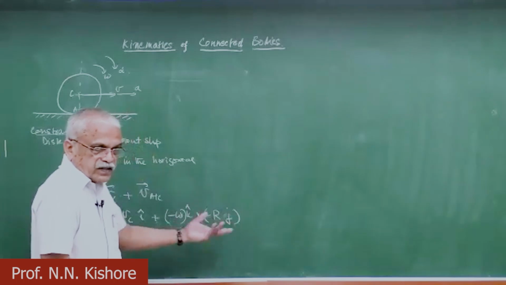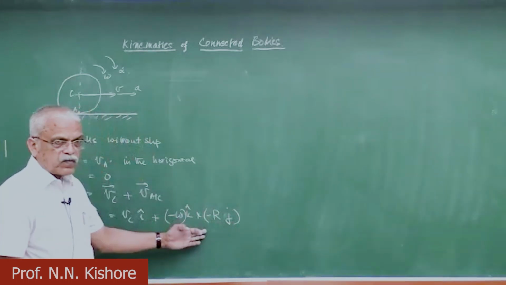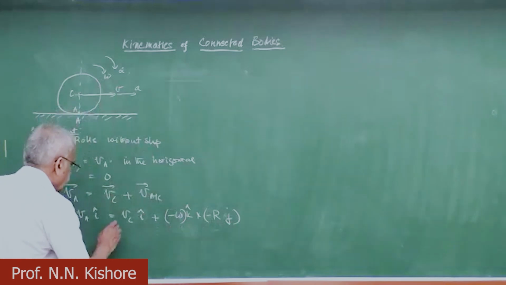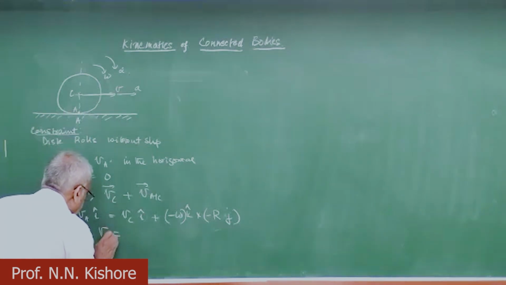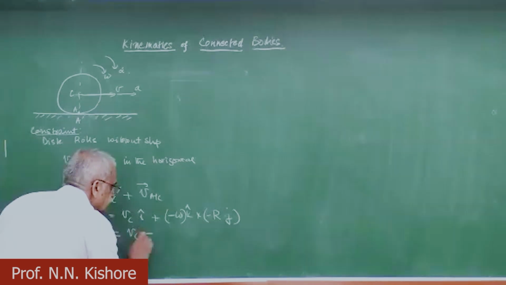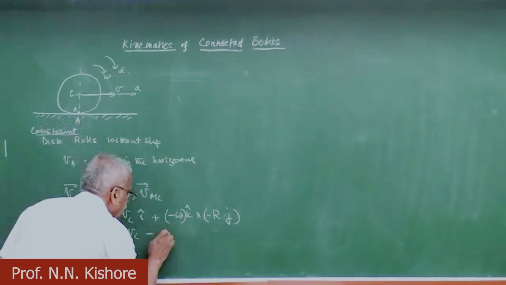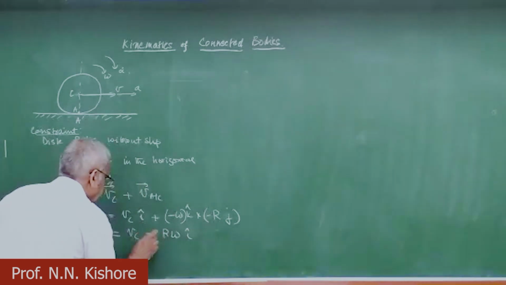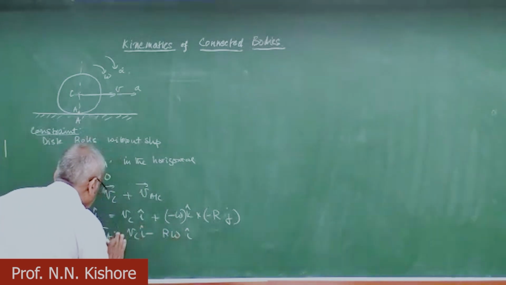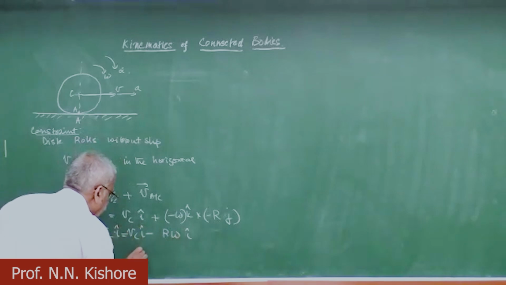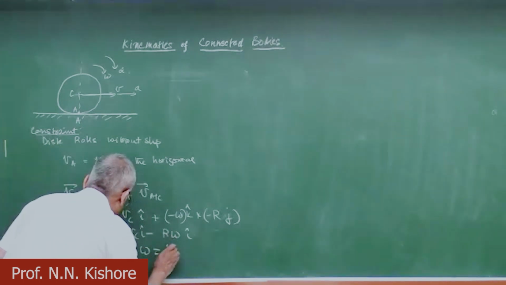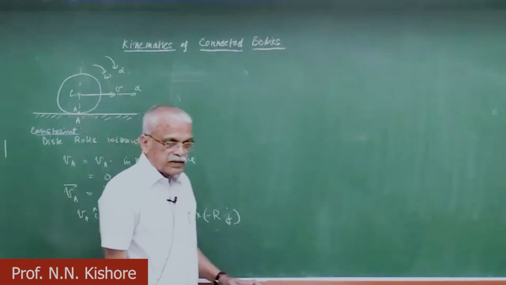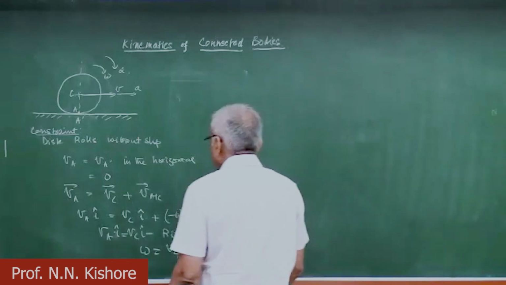If you know it, then you can use it. Otherwise, to be more precise, since you are assuming clockwise, you have to use a minus omega here, which says minus minus and plus. Anyway, this looks a little trivial, but this is how precisely you can do that.